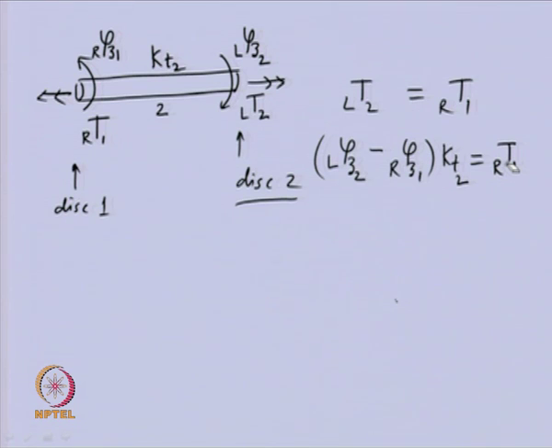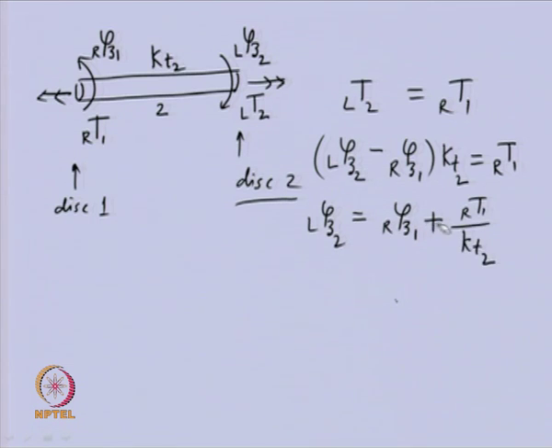Now, we can rearrange these equations like this. First I am writing this as the angular displacement left of 2 is equal to right of 1 plus, dividing both sides by KT2, the torque term.